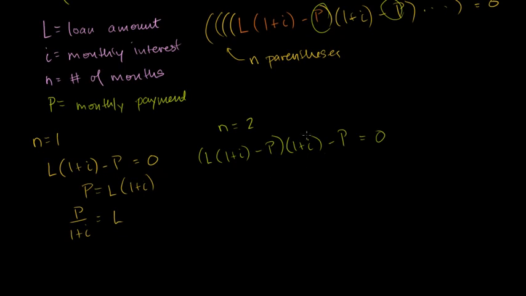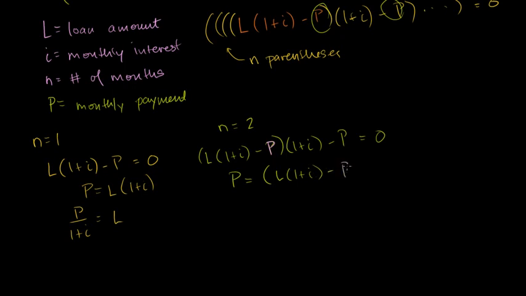Now let's solve for p. So I'm going to color the p's. I'm going to make this p pink. So let's add p to both sides and swap sides. So this green p will be equal to L times 1 plus i minus that pink p.